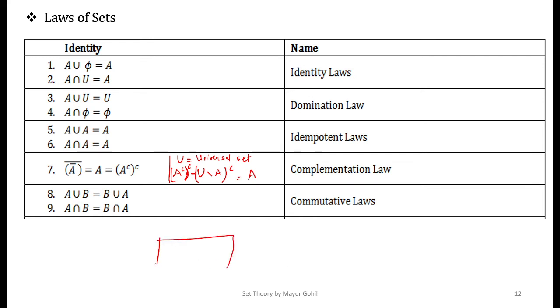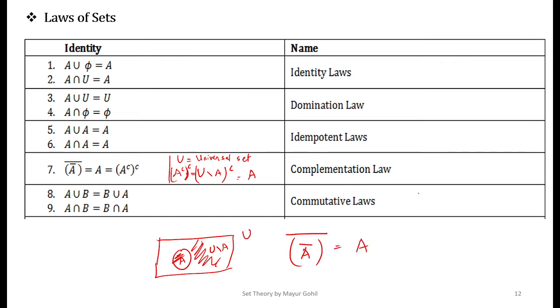Generally when you are talking about this, this is A and this is the universal set, then you have this as U minus A. So if I take A complement, then this is there, and if I take the complement of U minus A, then I'll go back over here, I'll come back to A. So that's how the whole complementing process works. So they say that A bar of bar is going to be A again.